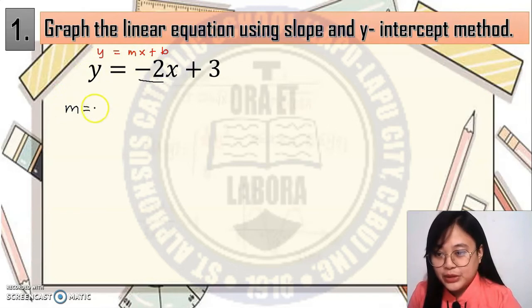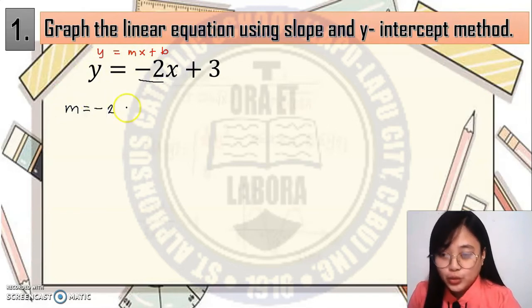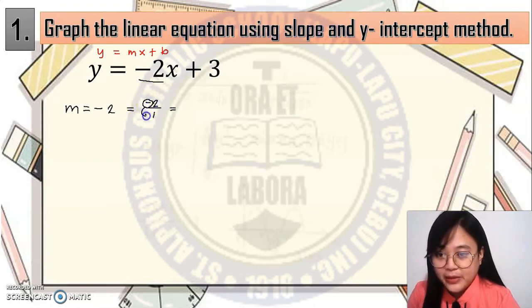So your m here is negative 2, and you're going to express that in fractional form. I want you to express this as -2 over 1, and class, if it is negative, put the negative in the denominator, so it will become 2 over -1.